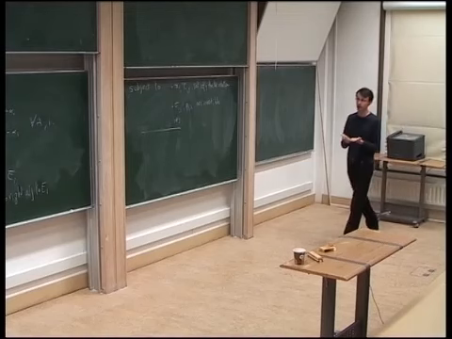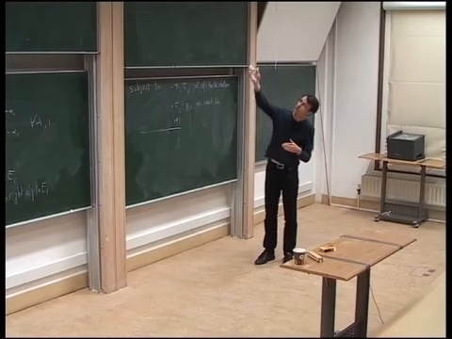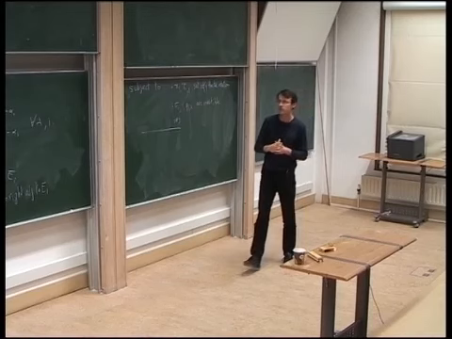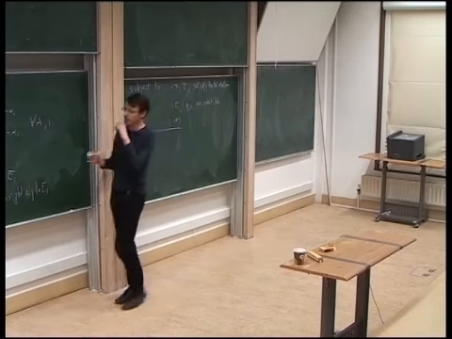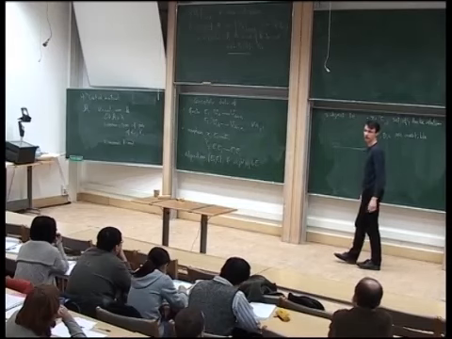You have a collection of categories, one for each weight. So if you want, you start with a big category, the sum of V lambdas, which has a decomposition into weight spaces, and you have functors going up and down. That would be some kind of classical data. It would be the classical point of view of categorification.